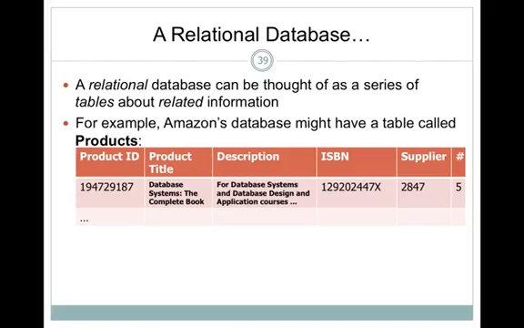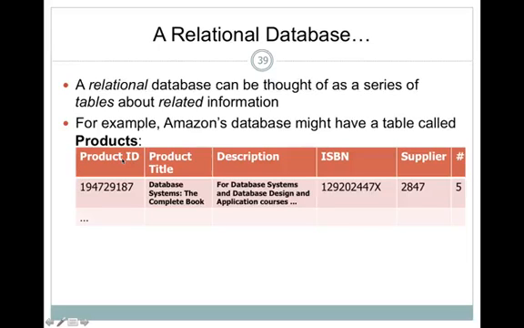So here's an example of a relational database. And we think of a series of tables where each table collects together related information. So here's a greatly simplified example that you might find in a database of a bookstore, such as Amazon. Here we've got a table called products, and this table has a schema which consists of these column headings.